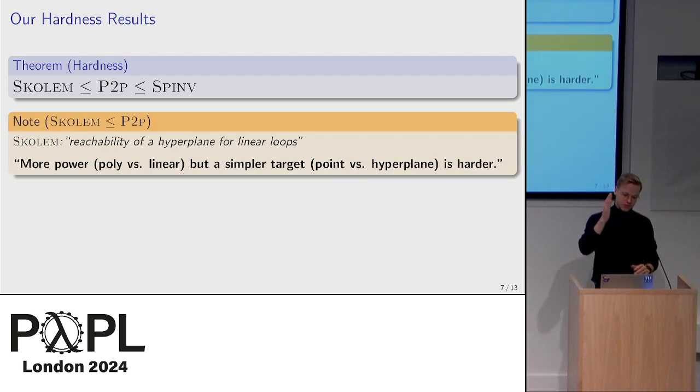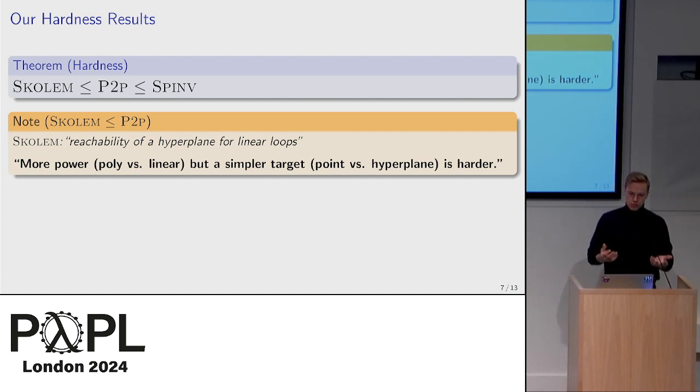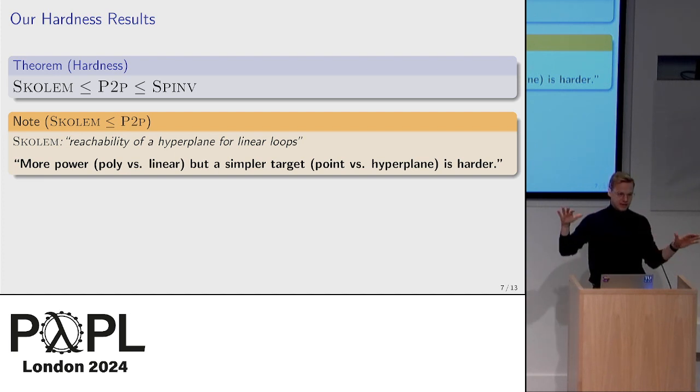So first, we reduced the Skolem problem to the reachability problem for polynomial loops. And we can also phrase the Skolem problem in more computer science terms, because it's equivalent to the following. You're given a linear loop, so the loop body is just a bunch of linear assignments, and you're also given a hyperplane in the state space. And now the question is, does this given linear loop ever reach this hyperplane?